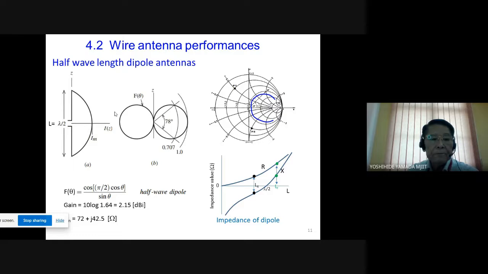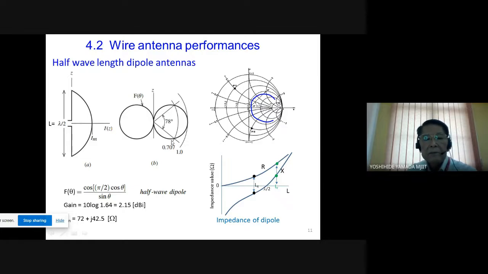First, the performance of a half wave dipole is shown. The radiation pattern becomes like this one. The actual radiation becomes this figure-eight shaped radiation pattern.